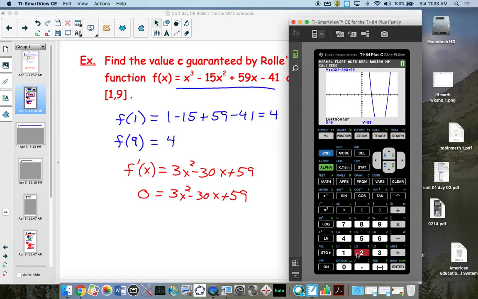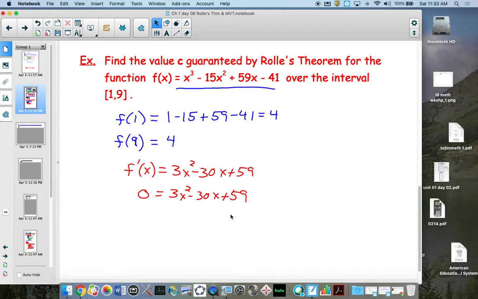Let's go with the first zero. X equals 0 looks good. And x equals 3 looks good. And we get 2.698. So let's say 2.70. So x equals 2.70, and that definitely is within the interval from 1 to 9.